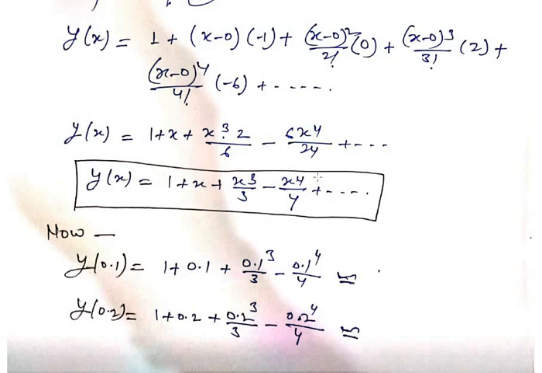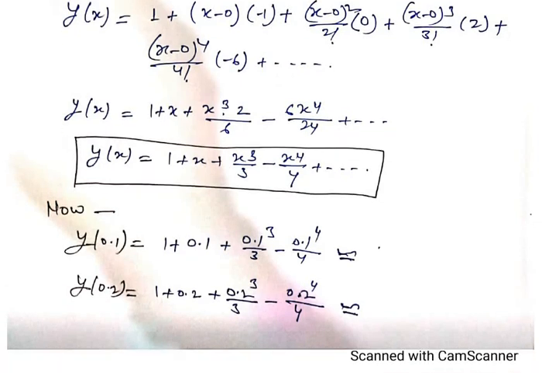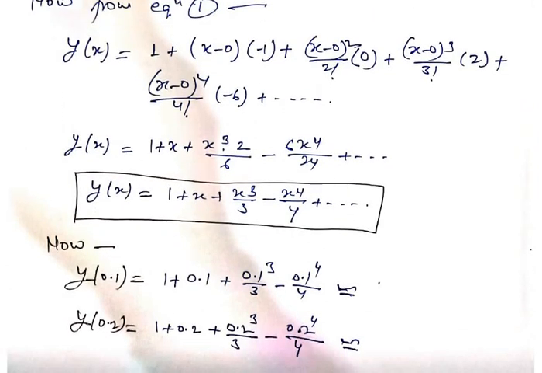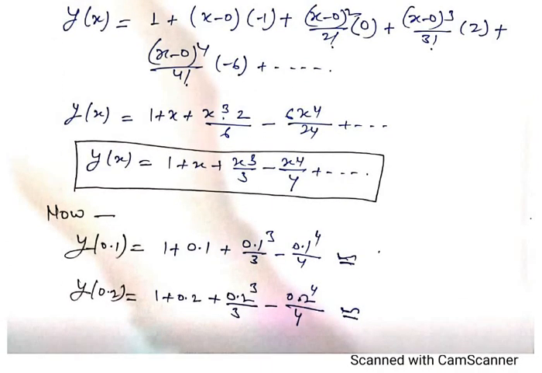Now dear students, we will get an approximate solution because we have taken only derivatives up to 4th order. So now we can calculate y at 0.1 by putting x is equals to 0.1 in this equation, and y at 0.2 by putting x is equals to 0.2 over here. So I will get answers for y at 0.1 and y at 0.2.